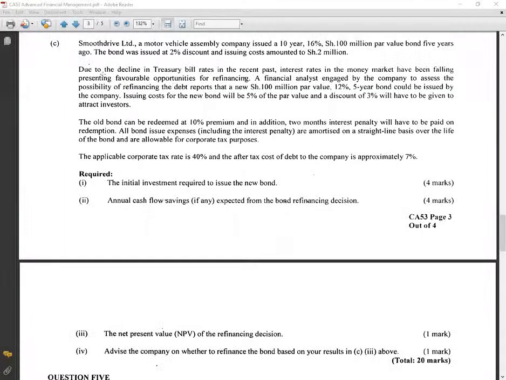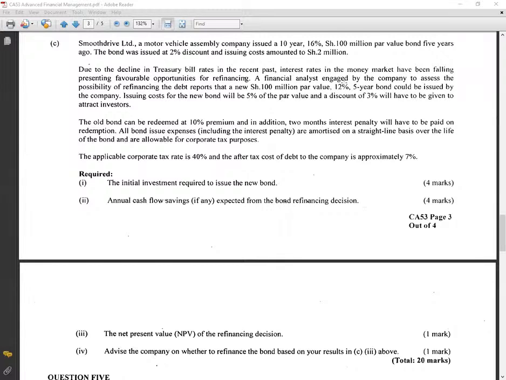Due to the decline in treasury bill rates in the recent past, interest rates in the money market have been falling, presenting favorable opportunities for refinancing. A financial analyst engaged by the company to assess the possibility of refinancing the debt reports that a new 100 million par value bond at 12% is our interest rate.